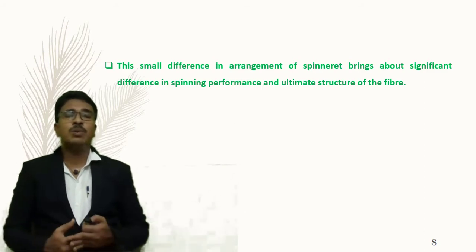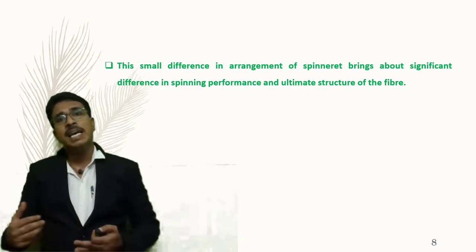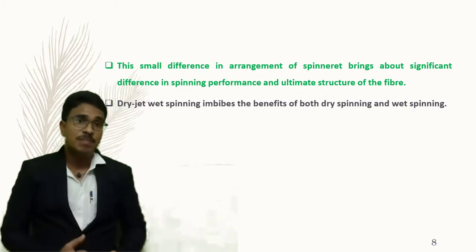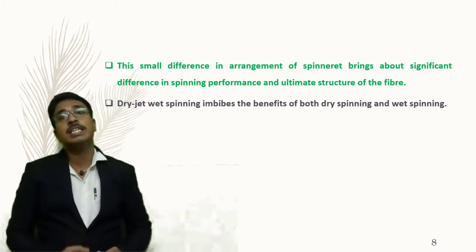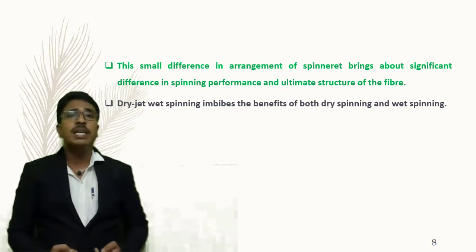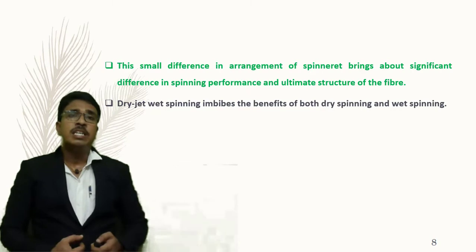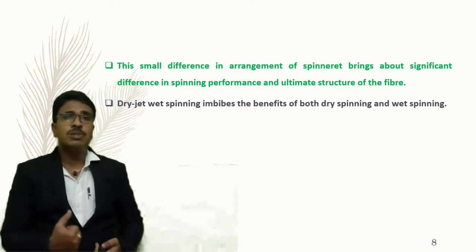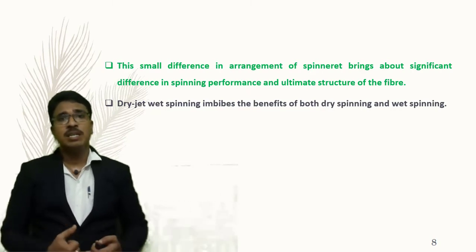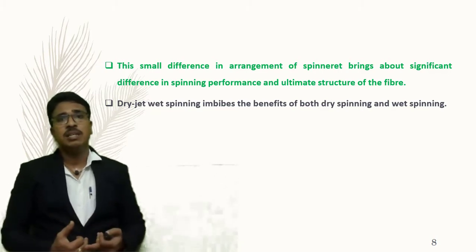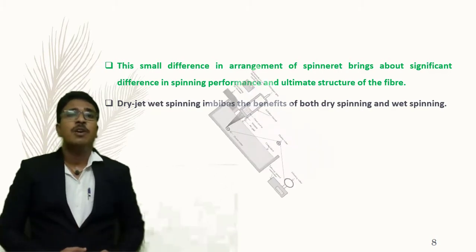That means we can improve the performance of the final filaments. Understand? Dry jet wet spinning combines the benefits of both dry spinning and wet spinning. That's why in the beginning itself we discussed that dry jet wet spinning is most widely used to produce high performance filaments. That means the properties of the filaments are going to be extraordinary compared to dry spinning and wet spinning processes.